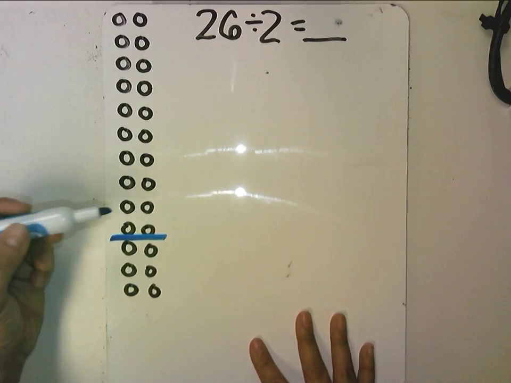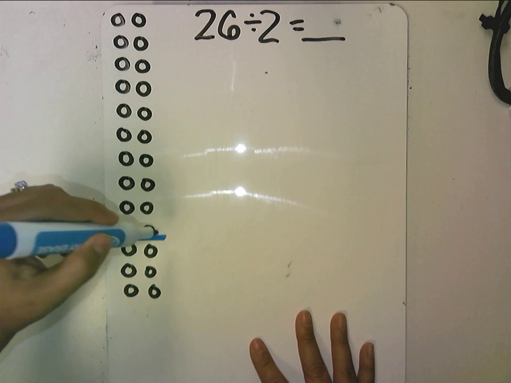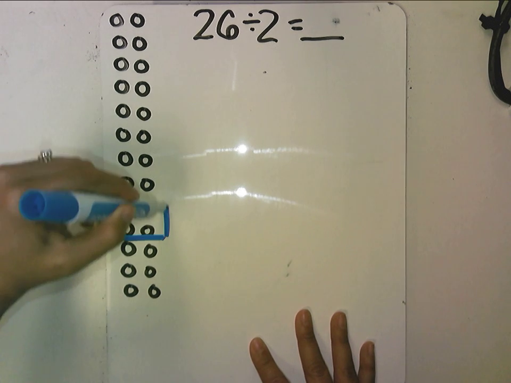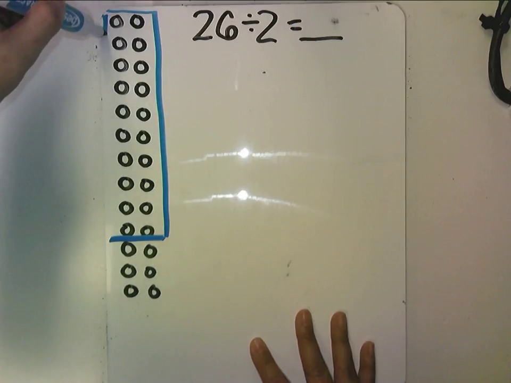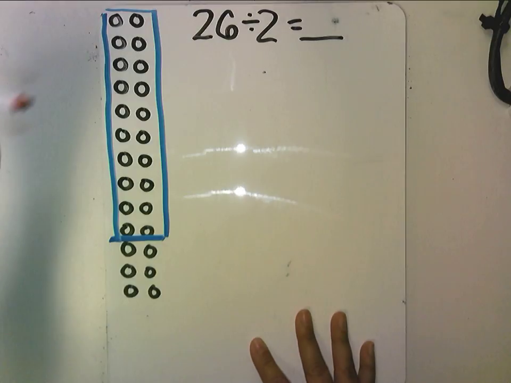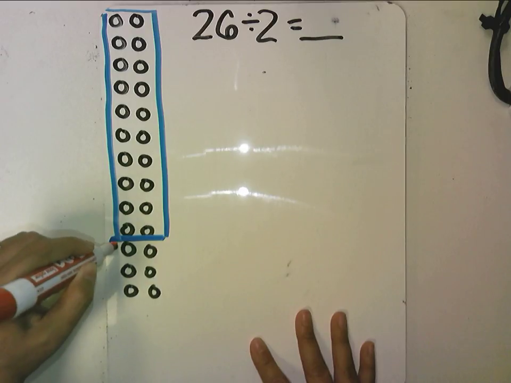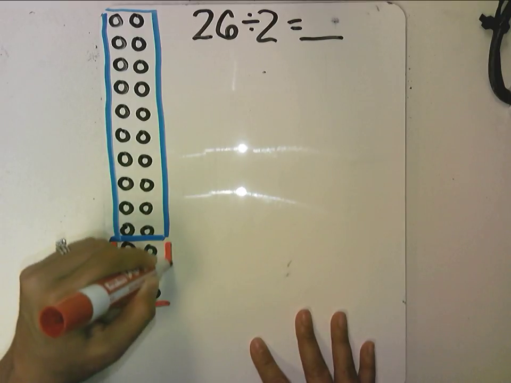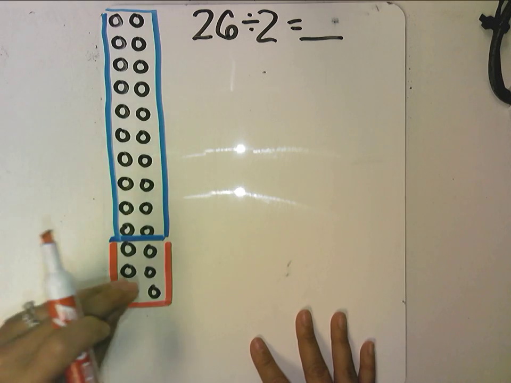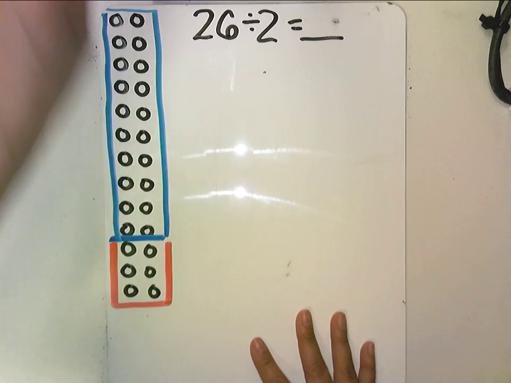Now to show that distributive property, we're going to write two different equations. One equation for this part of the array, and I'm putting a blue box around it. And after, we're going to write another equation for this part of the array, because we broke the array into two different arrays. So now we need two equations.